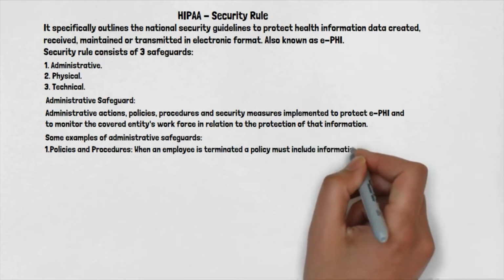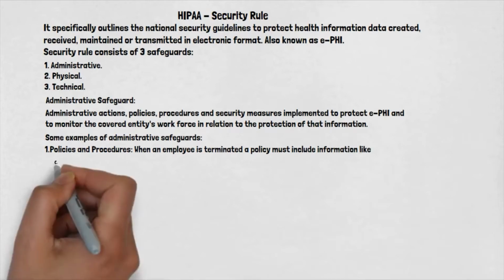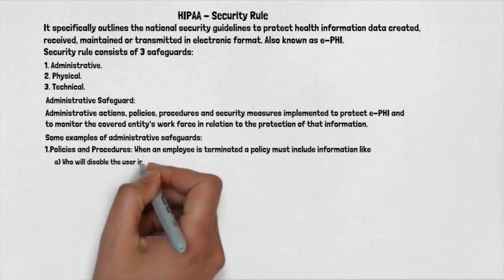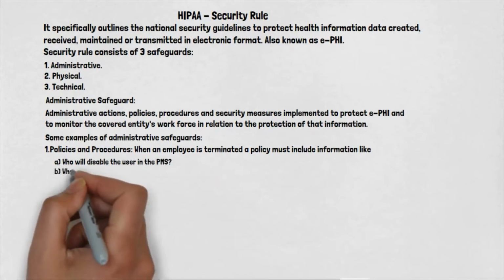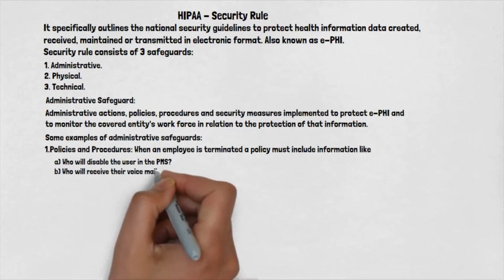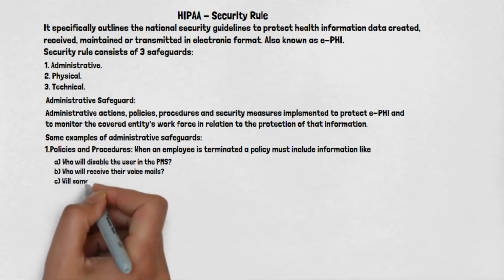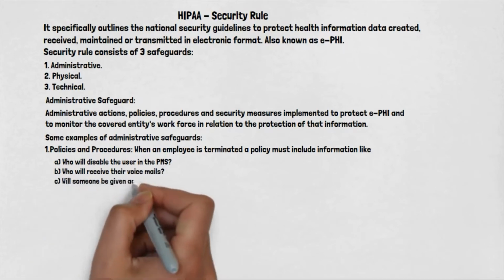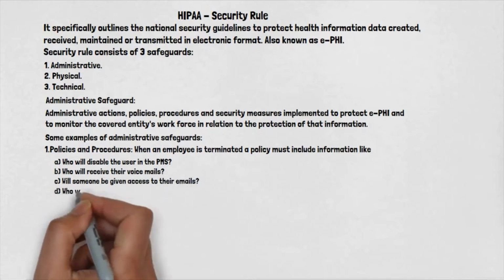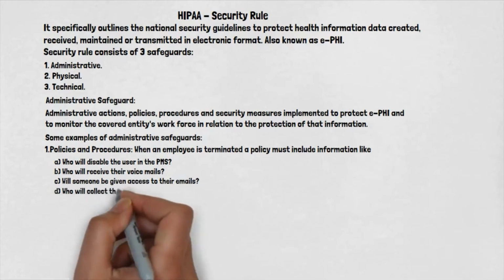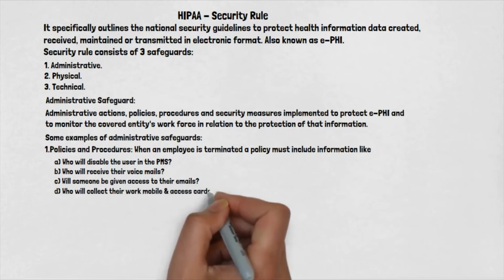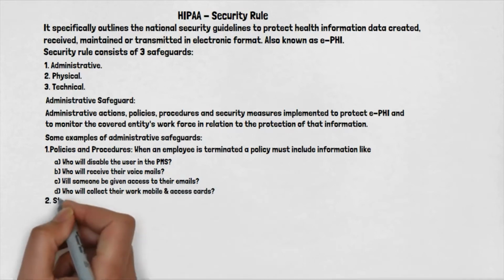Like in the case when an employee is terminated, a company policy should clearly mention who will disable the user in the practice management software, who will receive their voicemails, will someone be given access to their emails, and who will be responsible to collect the work mobile and access cards from the terminated employee.